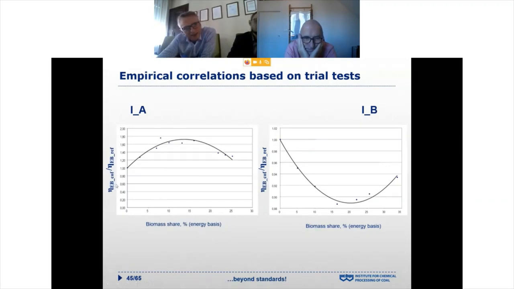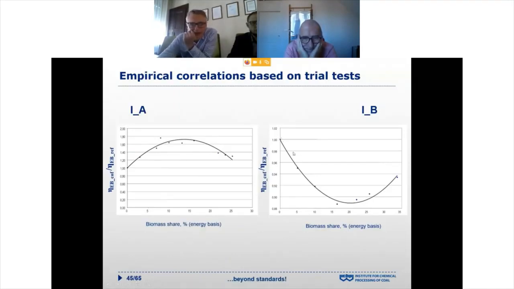So that's why, when you take these two percentages, it behaves like this. The crucial point is, let's say, this 15% on the energy share. It can be said that it's strange, but that's what we have found.